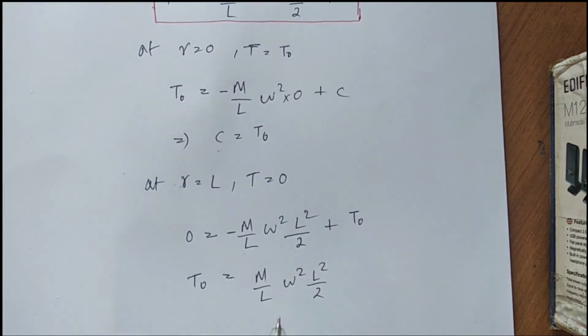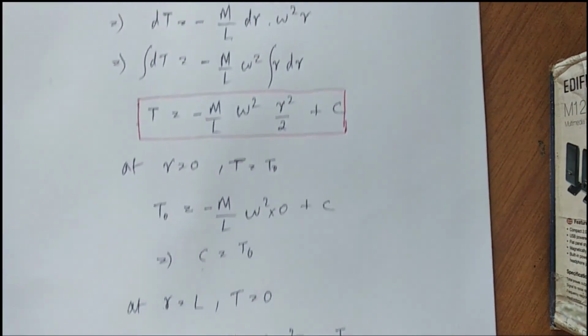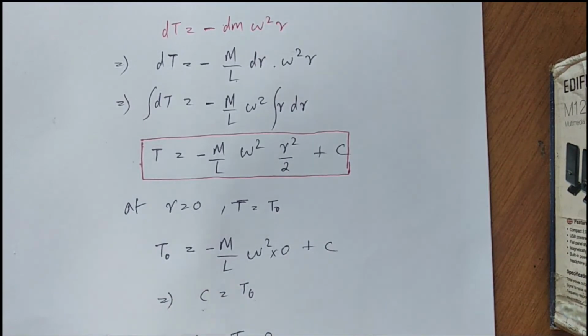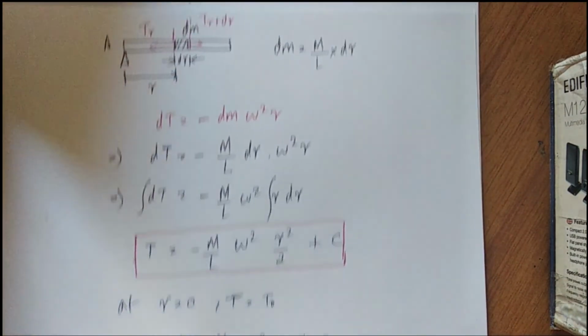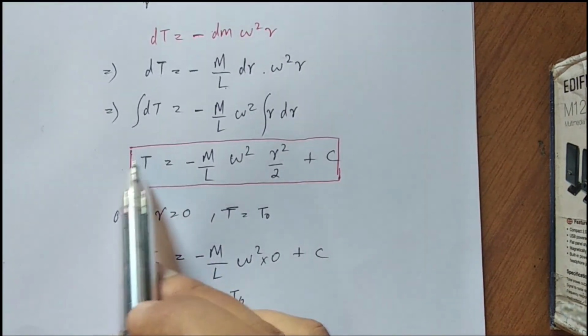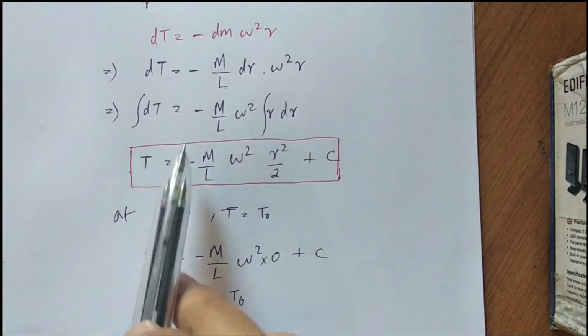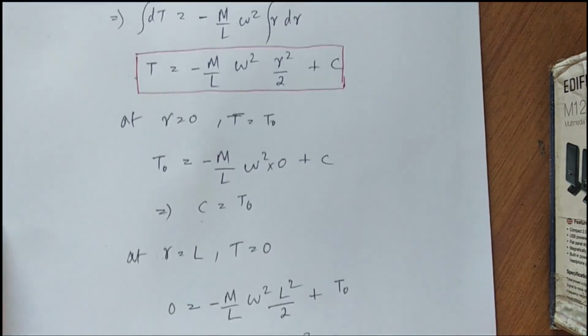Now if you replace the value of T naught and C in this equation, then you will get the value of tension as a function of R. So let us do that.